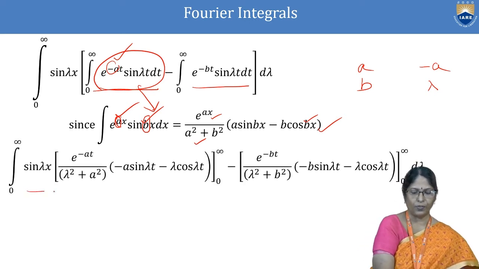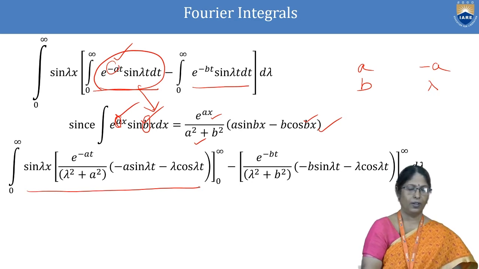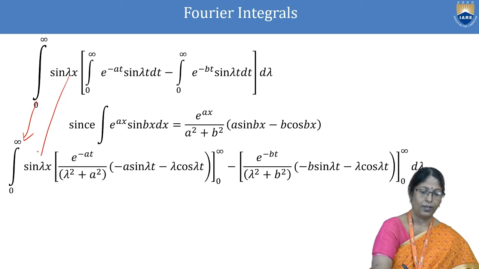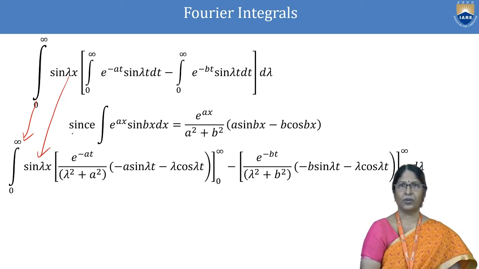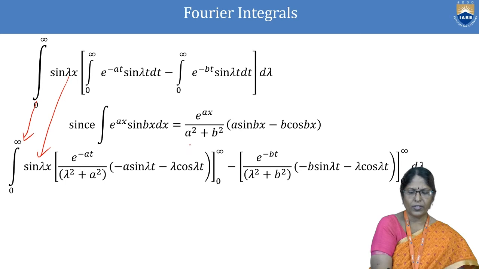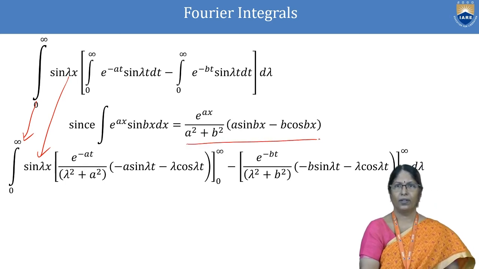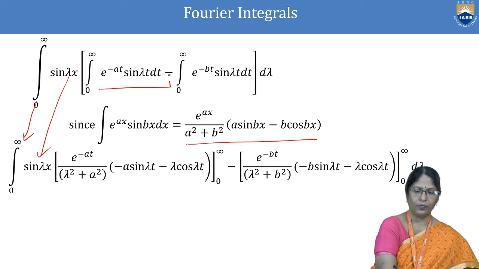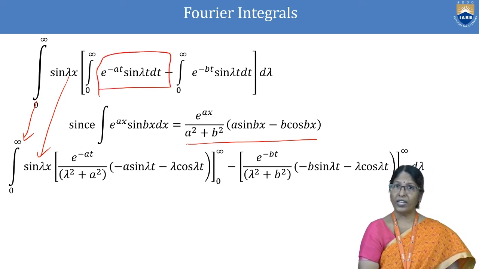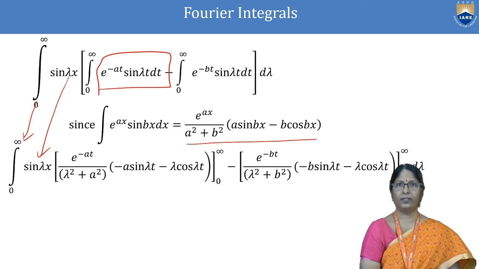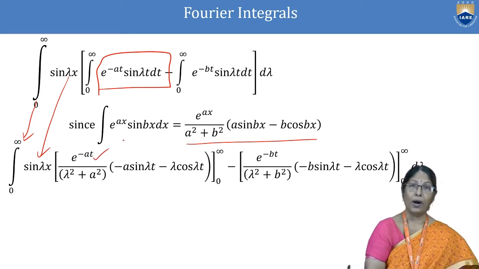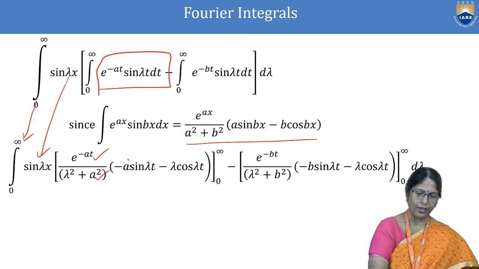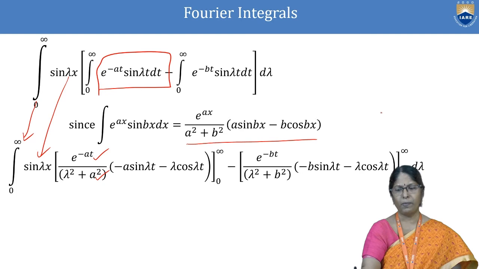Now this part we will concentrate on first. This integral is written as it is, sine lambda x is written as it is. We are going to substitute e^(ax), but we are concentrating on our a, which is minus a. So e^(-at), and in a² it is written as it is, so a is replaced by minus a.